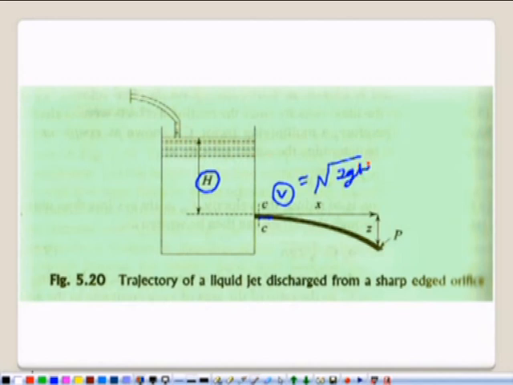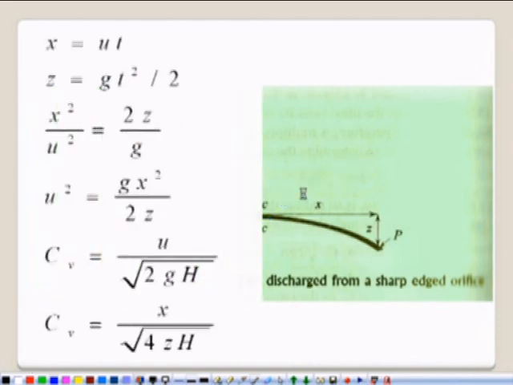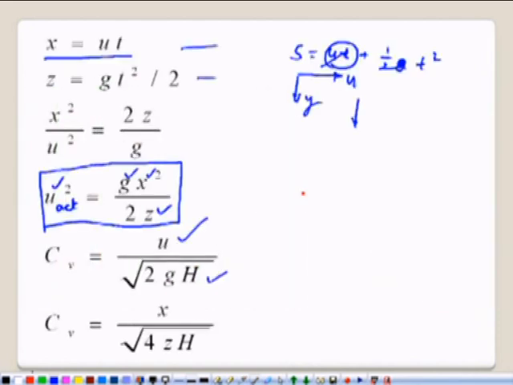Here h is designated by capital H, so 2g capital H. This is the theoretical velocity without considering any loss. So, we can find out the Cv in this manner. Substituting the value of u in this equation, we will get Cv, where Cv is equal to x divided by root of 4zH. So, we know x, we know z, we know H, we can find out the Cv.